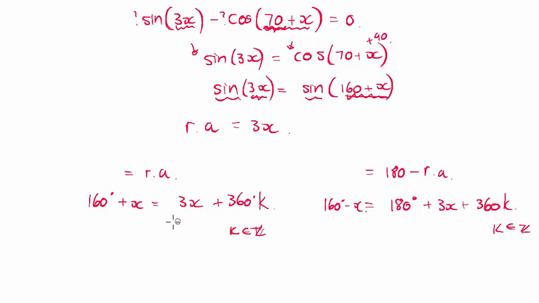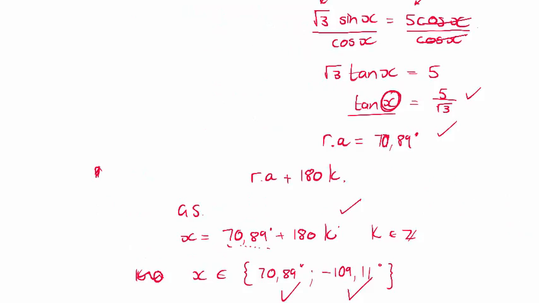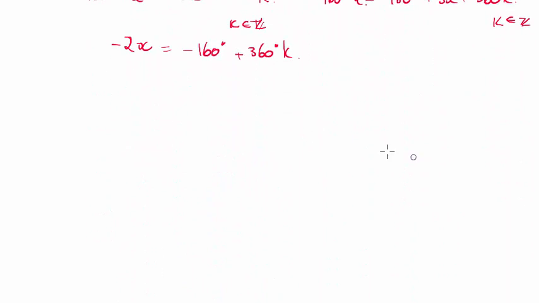I get x on its own. So here I'll have to subtract, so I get negative 2x is equal to negative 160 degrees plus 360 degrees times k. And now I just divide everything by negative 2.